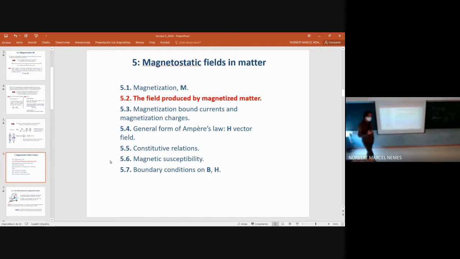The way the bits were read out in the 60s, in the 70s, in the 80s, was using induction. So they moved the disk around, it was spinning, or if it was a tape, it was just sliding along underneath a piece of coil, so again they used Faraday's law, and as that piece of magnetic material moved, it had its B field, something that we will calculate today, but the B field is created by a small magnetization.